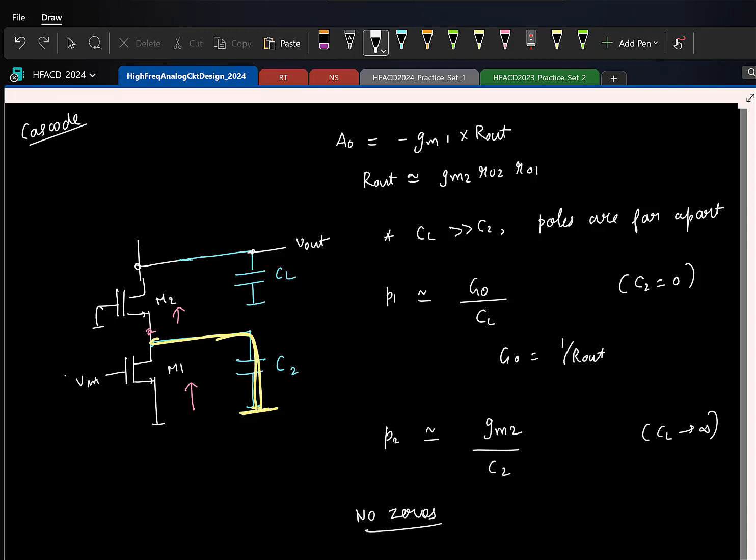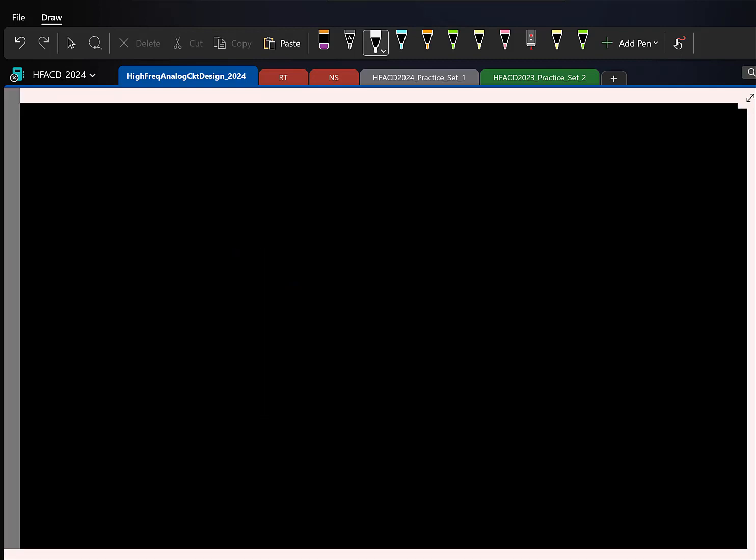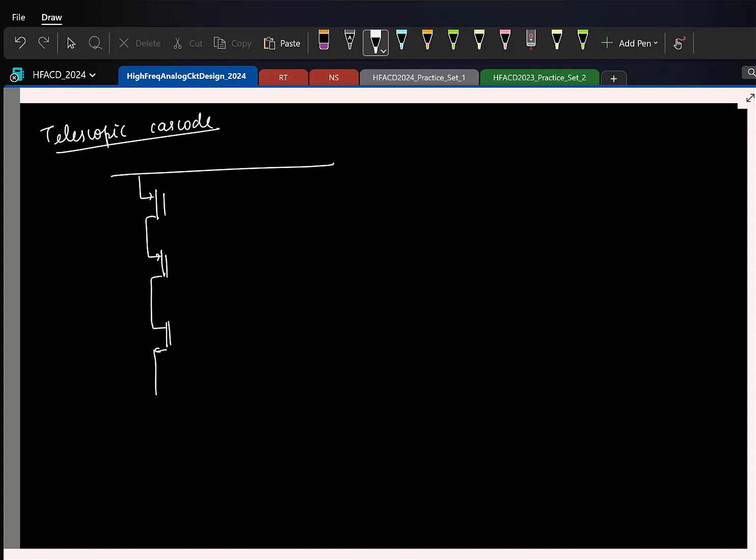Okay, so this is with the single-ended cascode. Let's make a telescopic differential cascode. Let me first draw this telescopic cascode. So this is the PMOS current source, PMOS cascode, NMOS cascode, and the transconductor.